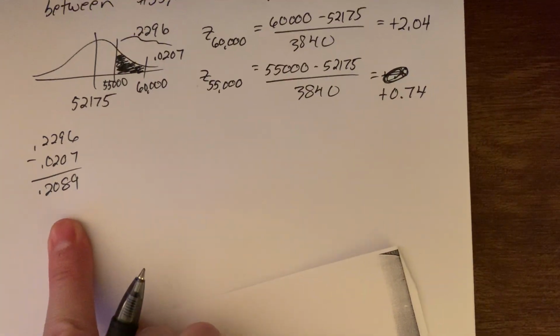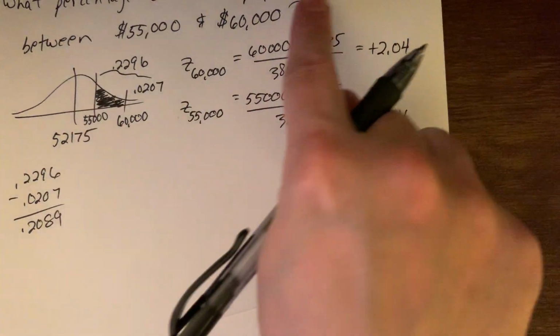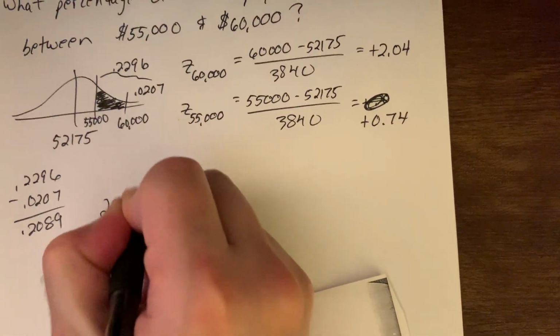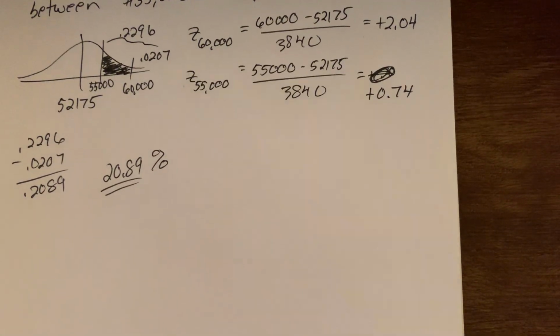The probability an employee earns between that much is right there. So the percentage of all employees that earn between that much would be 20.89%.